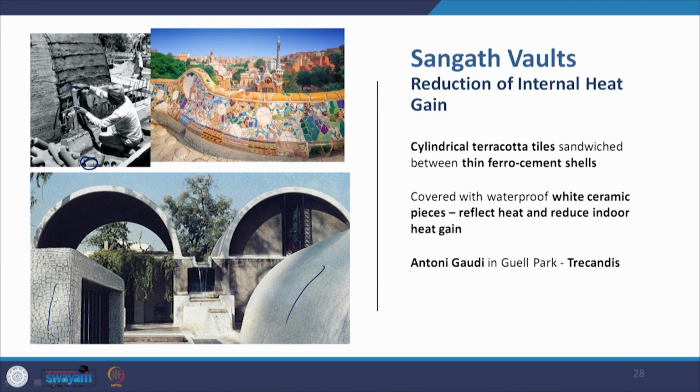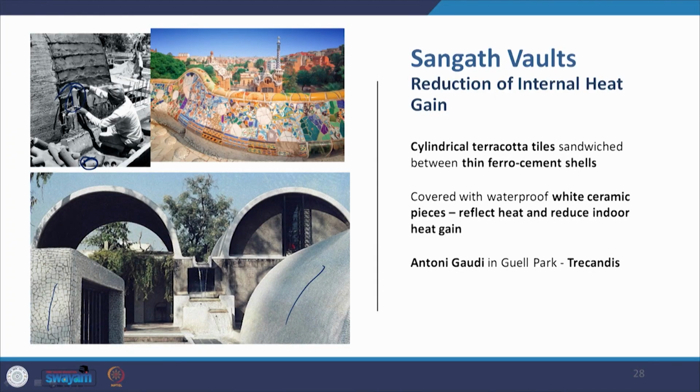So the ceramic tiles do the job of reflection, but whatever is able to go through is then fended off by the air gap that is created because of these cylindrical terracotta tiles. So because they create that air gap in between the two layers of the ferrocement shells.